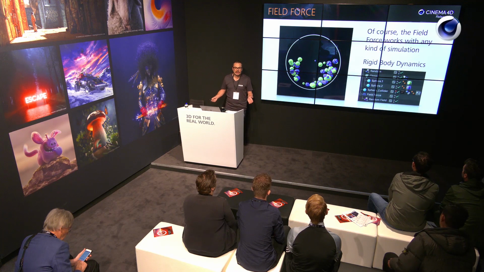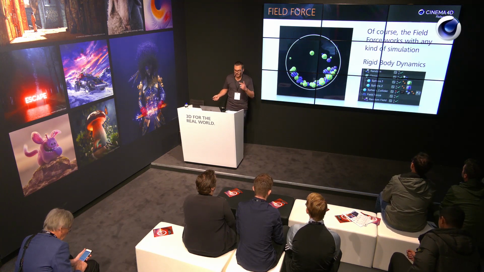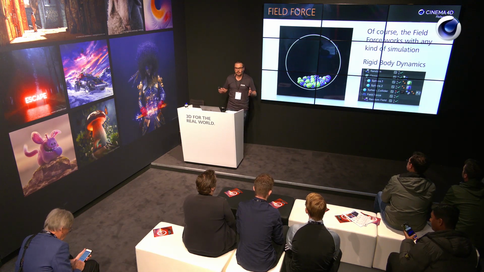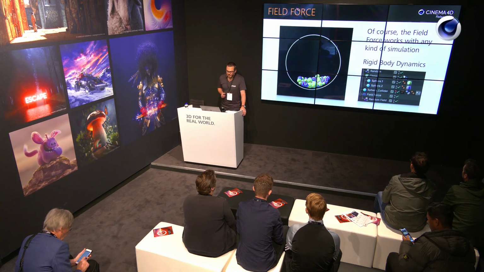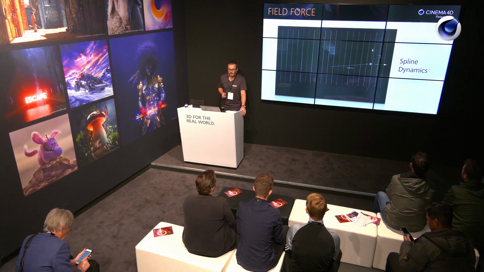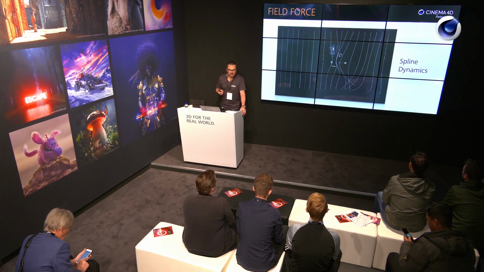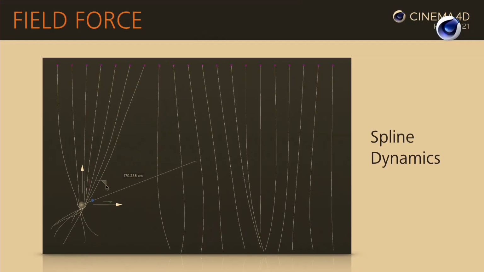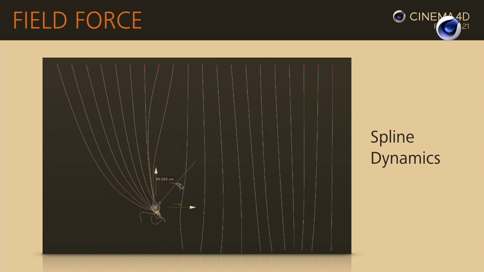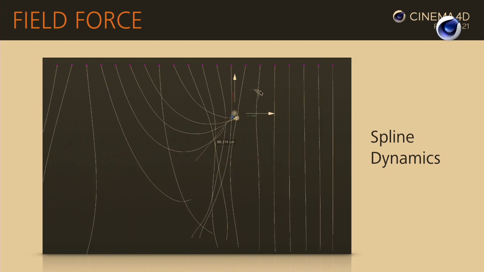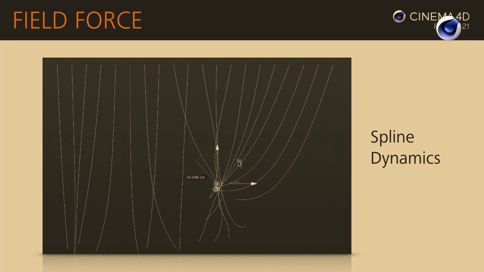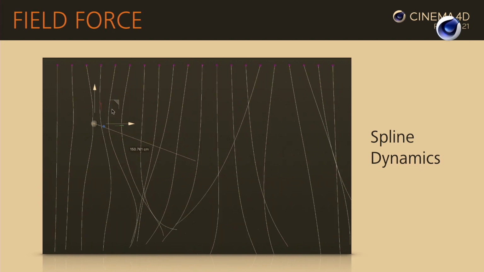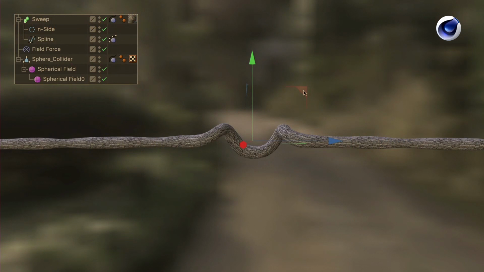And like I said, you can use it with any dynamics in Cinema 4D. So here is normal rigid body dynamics. Here we have spline dynamics. Also something my colleague played around with like forever. Another spline dynamics example.